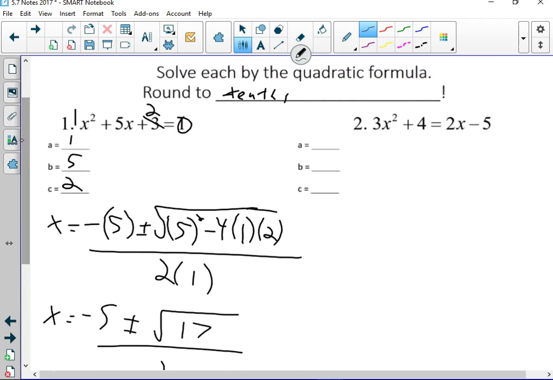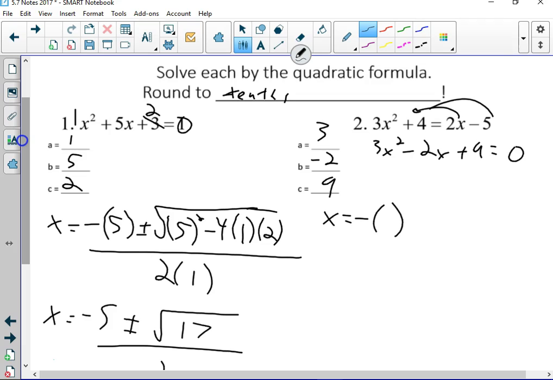Okay. Are we ready to identify A, B, and C? We are not. We need to move this over. So we're going to have 3x squared minus 2x. We need to add 5. It gives us 9. Now we're ready to identify A, B, and C. 3, negative 2, and 9. So again, it's easier if you do this.